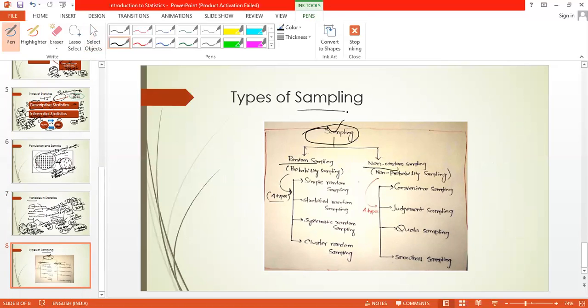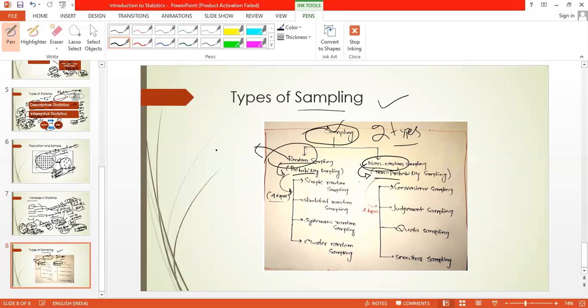So if we say what types of sampling we have, we can categorize sampling into two types. One is random sampling, another one is non-random sampling. Random sampling is also known as probability sampling, and non-random sampling is also known as non-probability sampling.